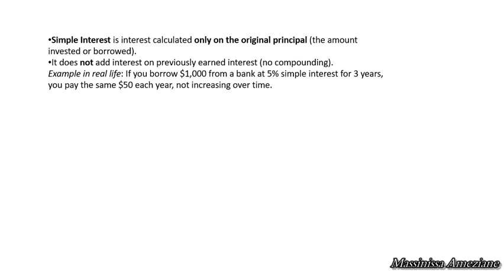An example: if you borrow $1,000 from a bank at a 5% simple interest rate for 3 years, that means you will pay the same interest amount, which is $50. How did we get $50? It is 5% of the original amount borrowed, which is $1,000. So each year you pay the same amount, $50.